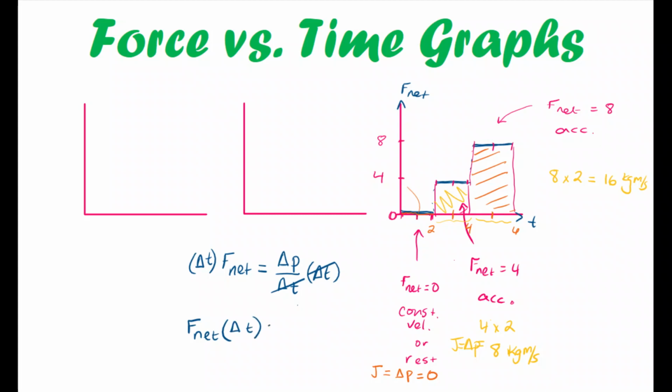And that shows us that the net force times however long that net force is acting for would tell us the change in the momentum, or the alternative way is called the impulse, which is kind of cool. So what we can do here is, by finding the area of a net force versus time graph, we are essentially finding the change in the momentum of the object.